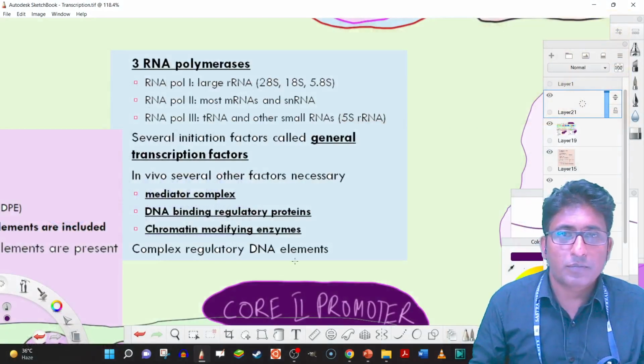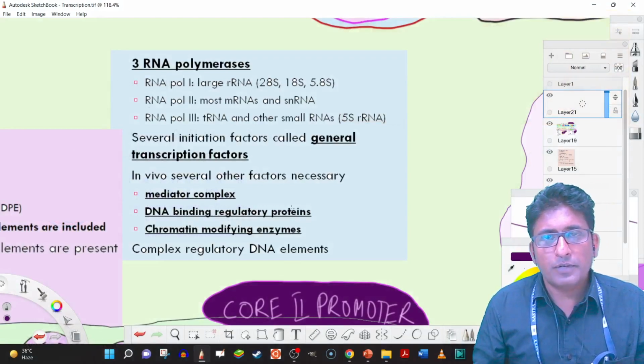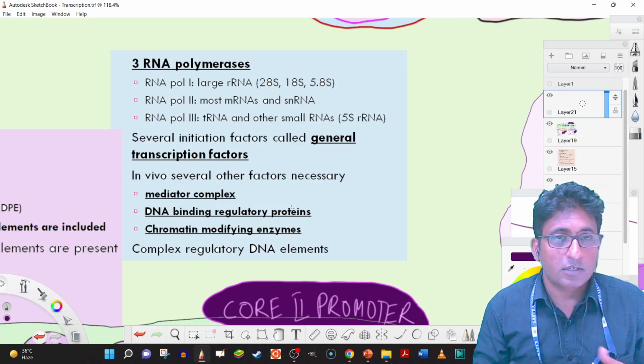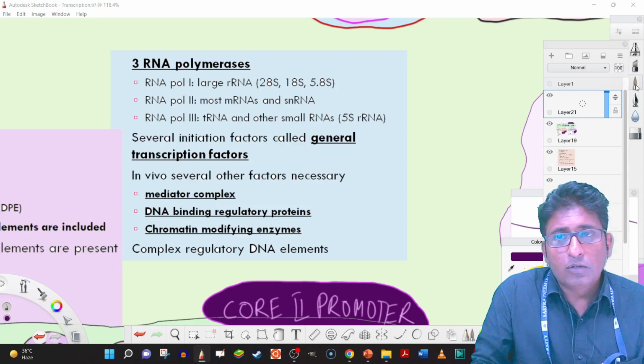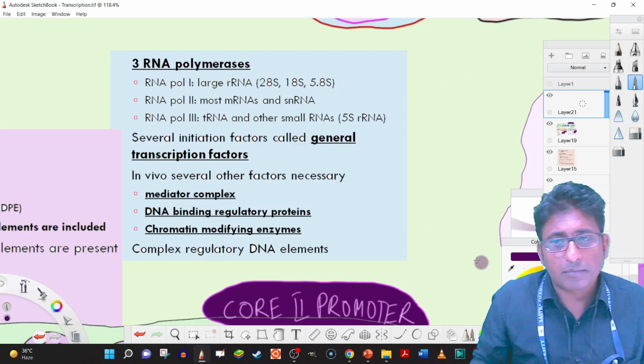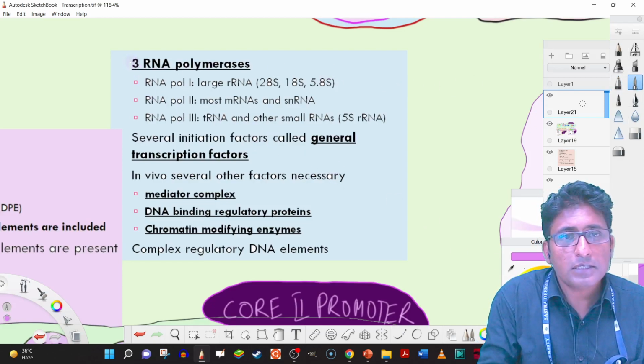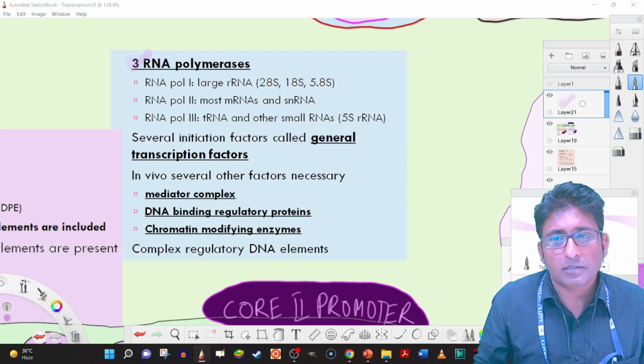Eukaryotic transcription. The primary difference between prokaryotic and eukaryotic transcription in terms of RNA polymerases is that eukaryotes have 3 different RNA polymerases.